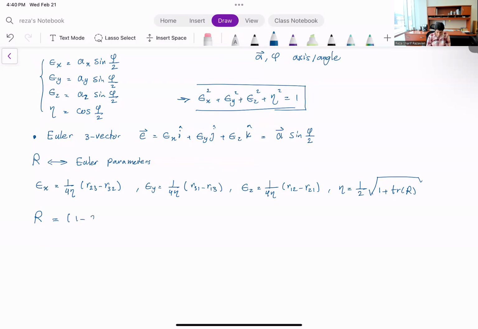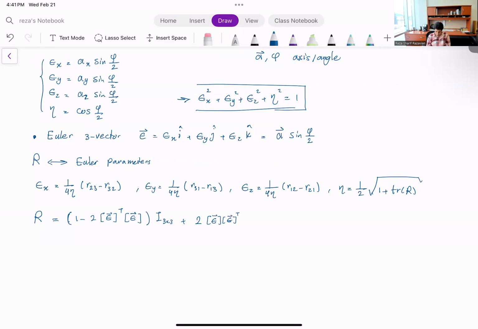It is 1 minus 2 times epsilon transpose times epsilon, which is just a scalar, times I 3x3, plus 2 epsilon times epsilon transpose.